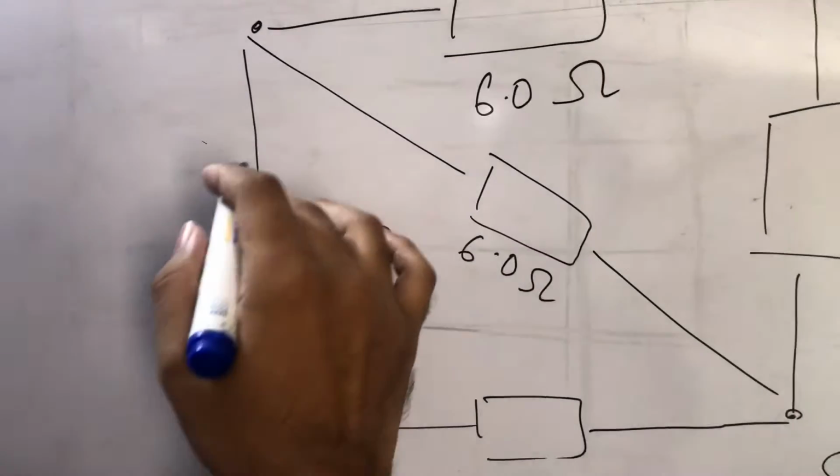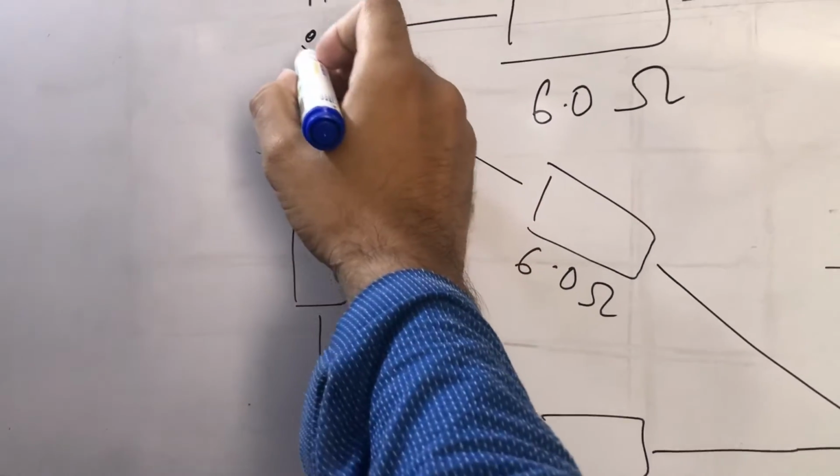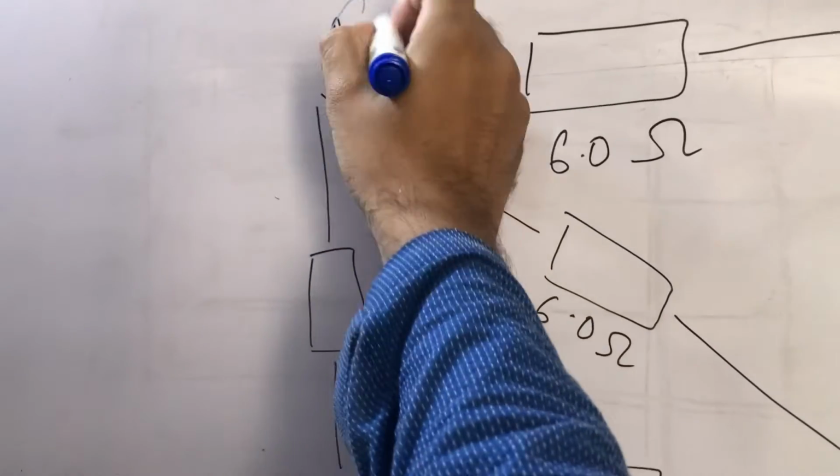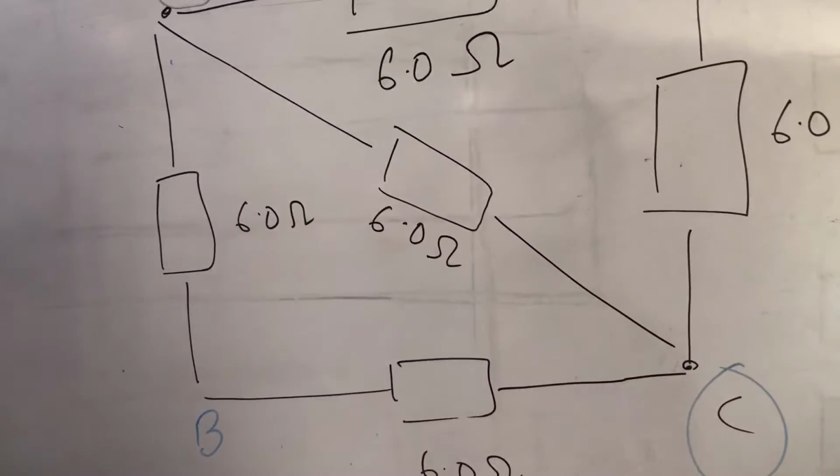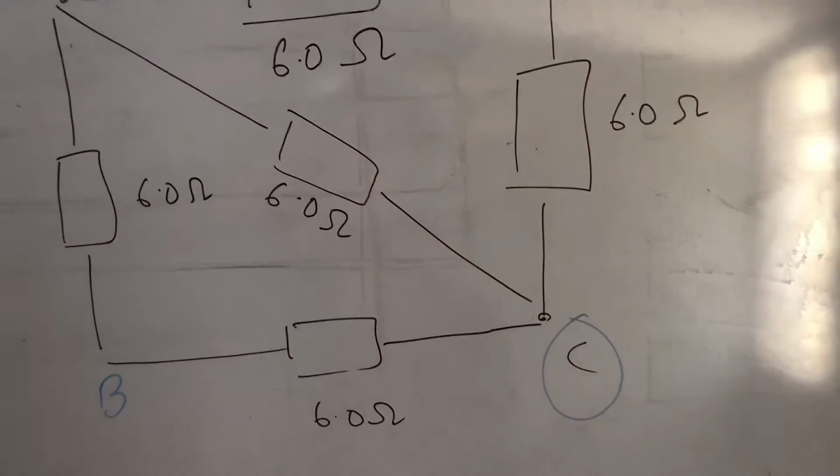So it means that we have to calculate resistance from this point till this point. So how many ways can we do this?